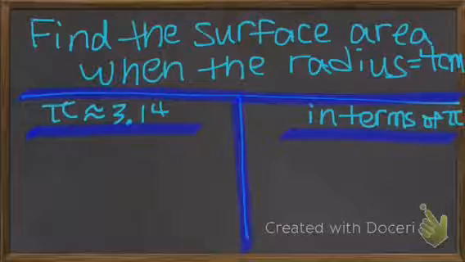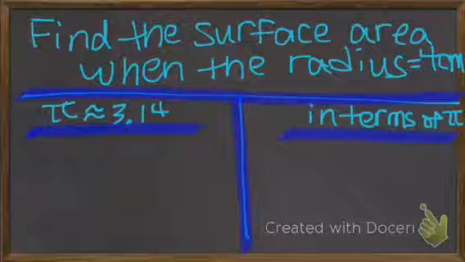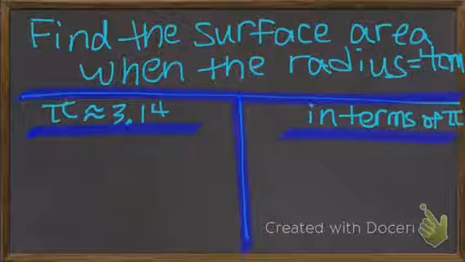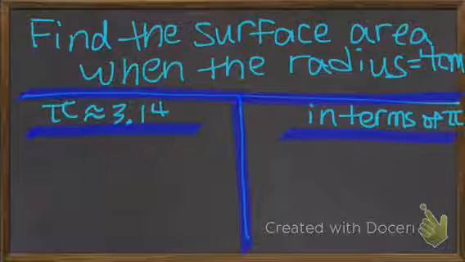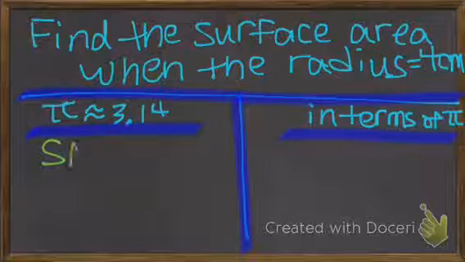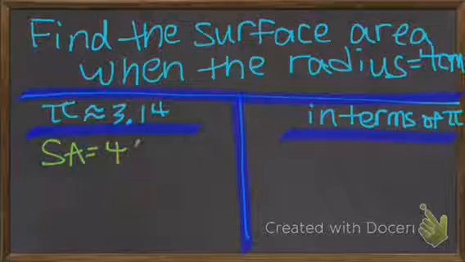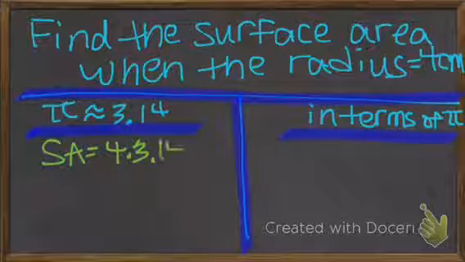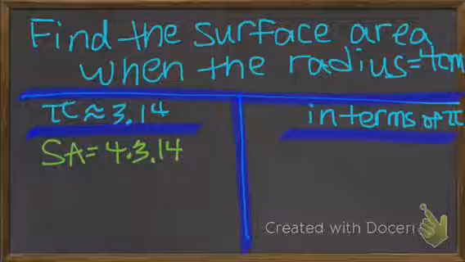In this problem, we're going to find the surface area when the radius of the sphere is 4 centimeters. In the first way, over on the left, we are going to approximate pi as being 3.14. So we have surface area equals 4 times pi, which is 3.14, times radius squared.